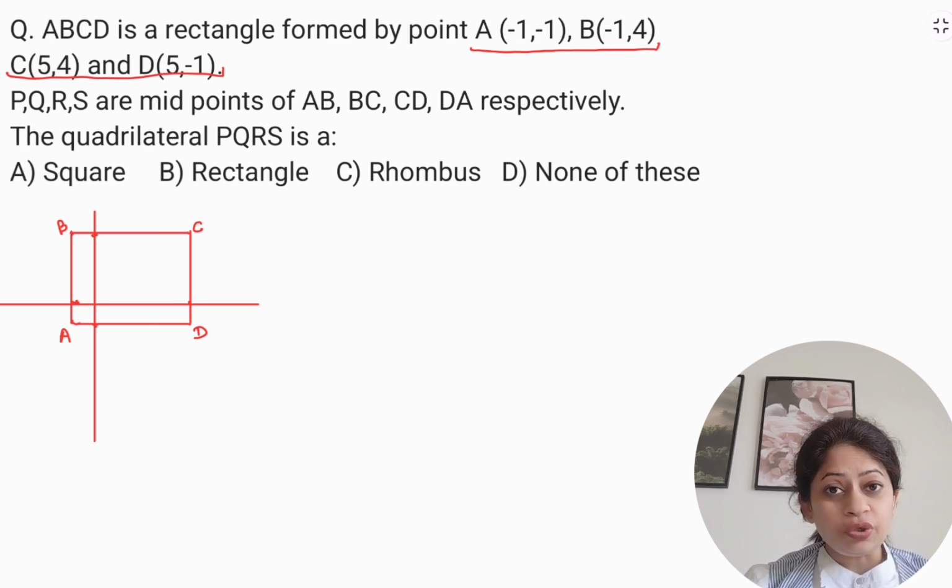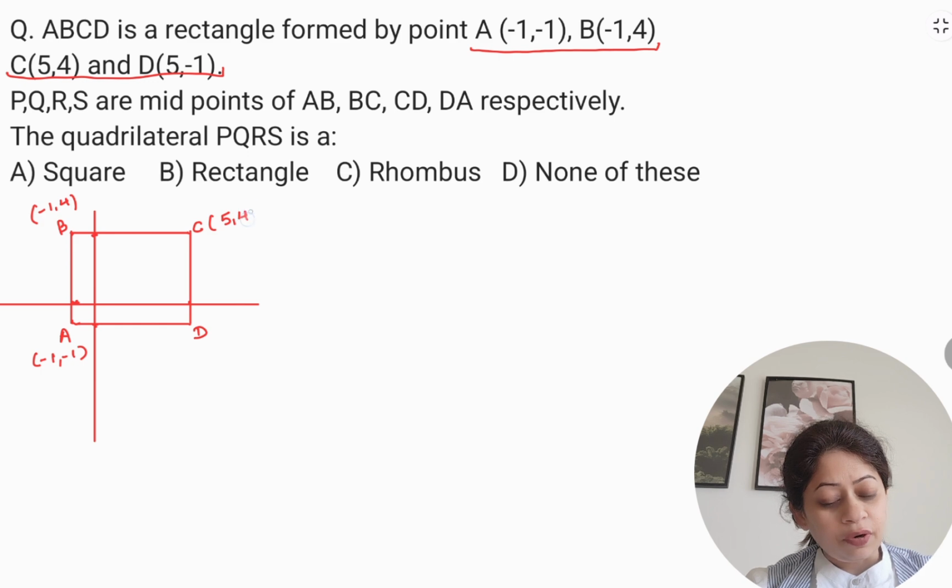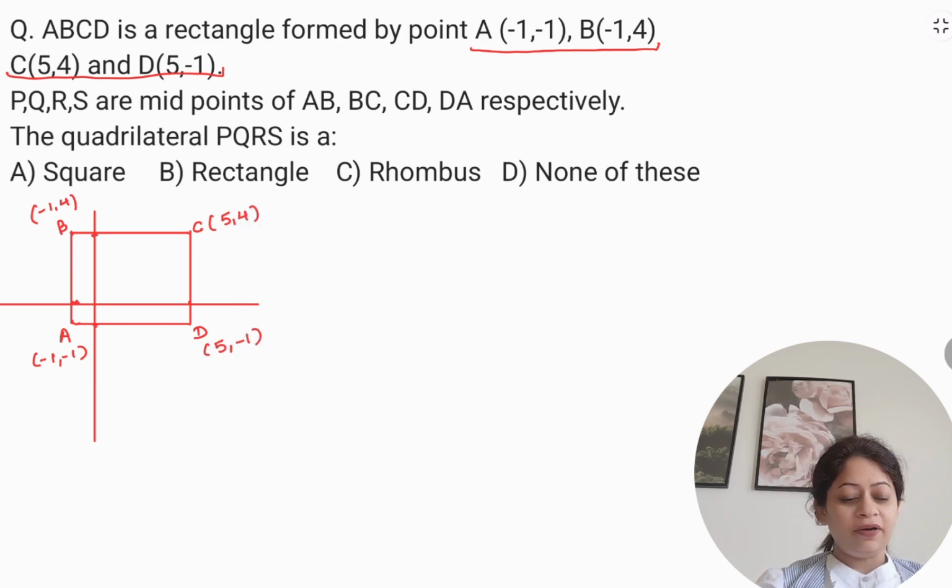So if I show you these points, A is -1, -1, B is -1, 4, C is 5, 4, and D is 5, -1, right? Then they say that P, Q, R, S are midpoints of sides AB, BC, CD and DA respectively.